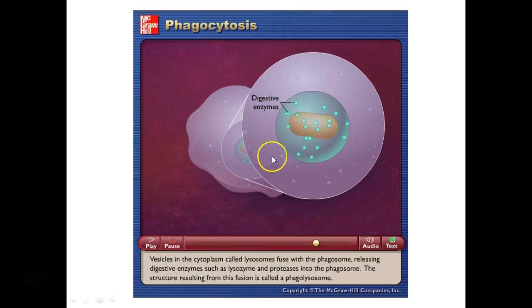And then phagocytic cells have lysosomes, right? Remember, these are vesicles that contain what? Enzymes, digestive enzymes, right? So these are going to fuse with the phagosome. And guess what we do with the name? We fuse the name.